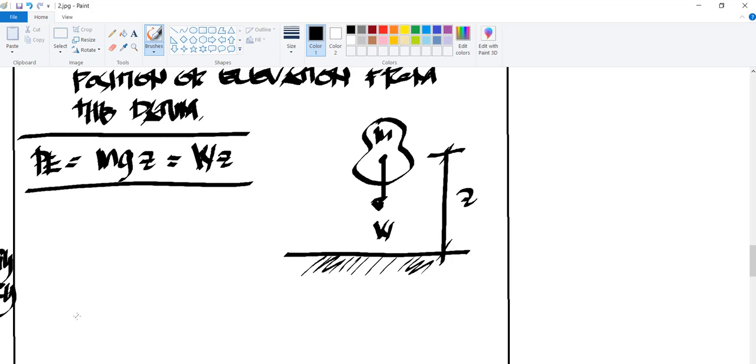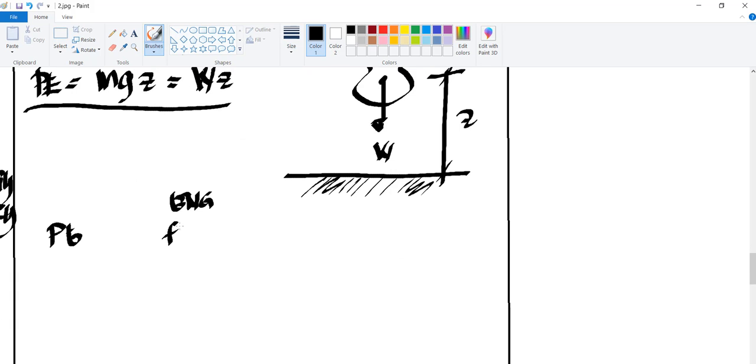So the units. For PE, in English it will be foot-pound force, and for SI it will be Newton-meter.